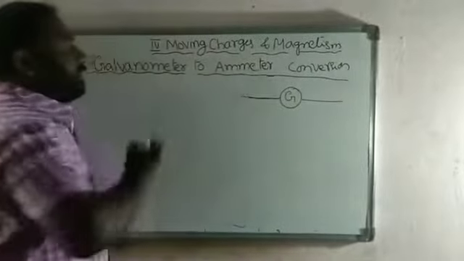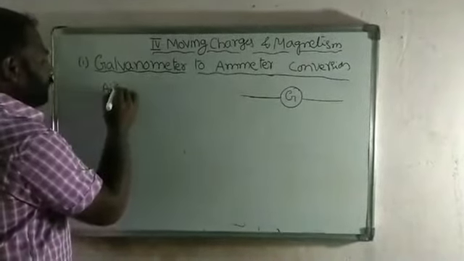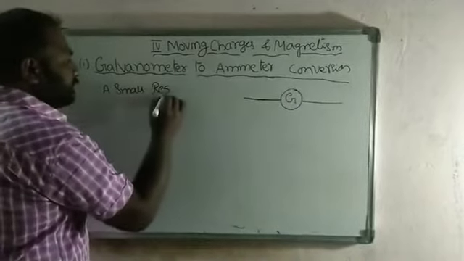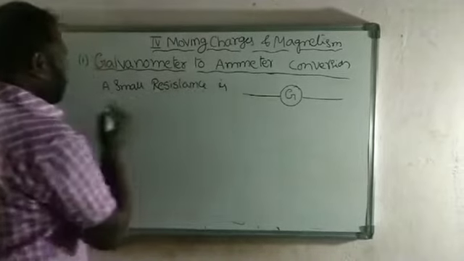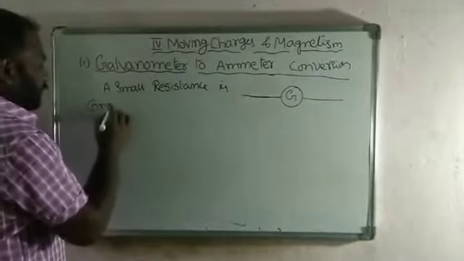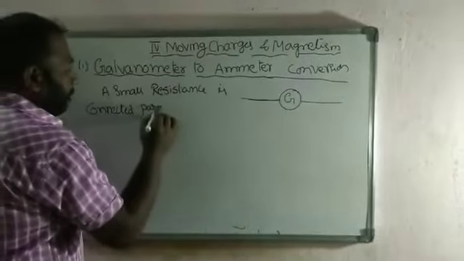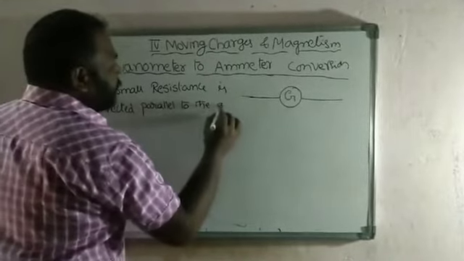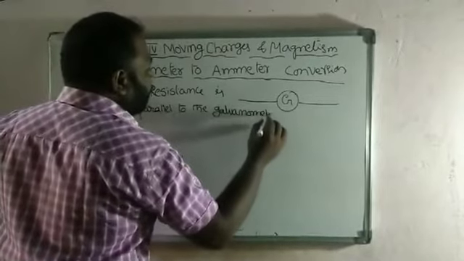A galvanometer can be converted into an ammeter. See here, a small resistance is connected parallel to the galvanometer.